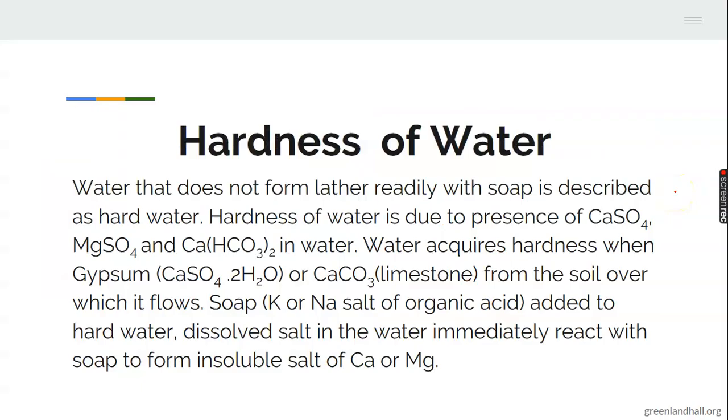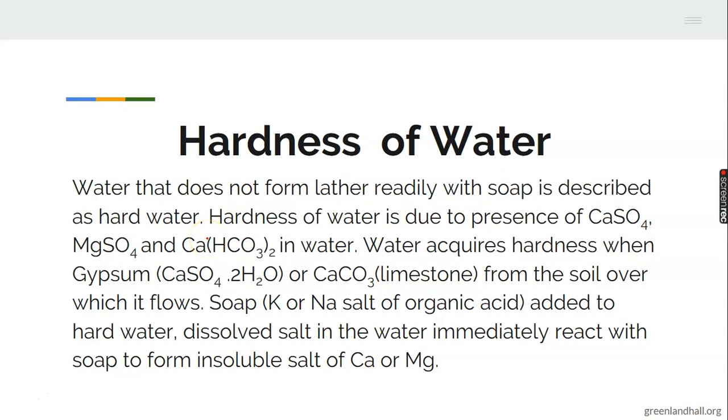So, hardness of water. To start this slide, I'll let you know that many times when we are washing our clothes, we realize we use a lot of soap, and the water is not forming foam. What we mean by foam is lather. So water that does not form lather readily with soap is described as hard water.